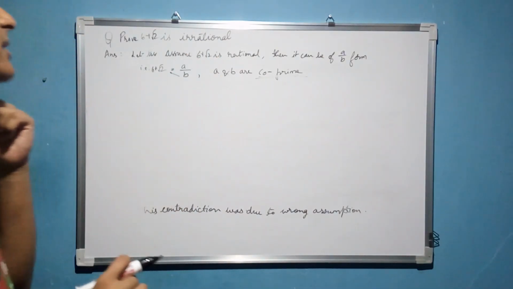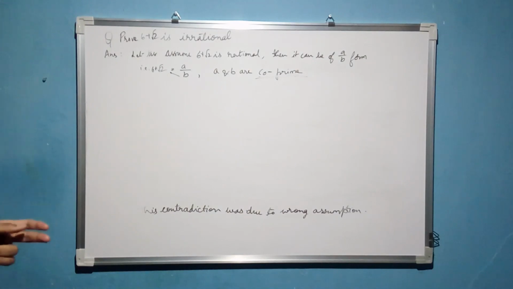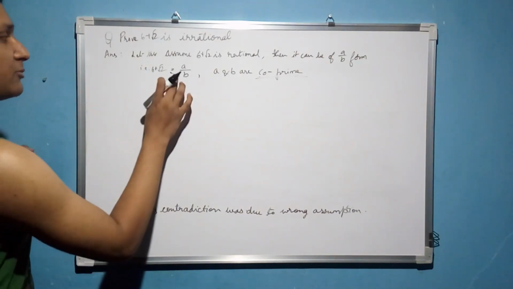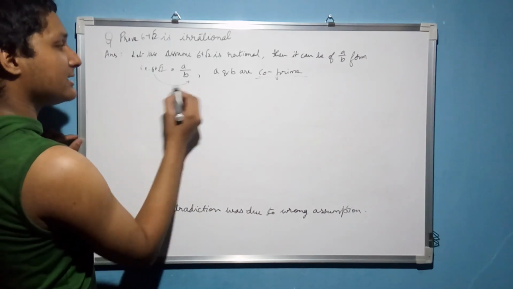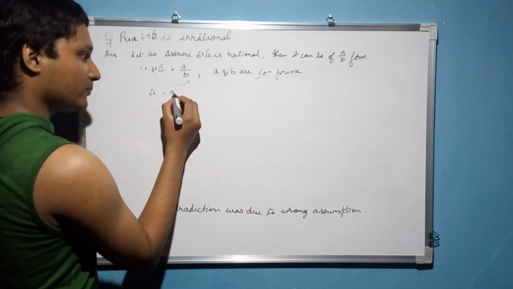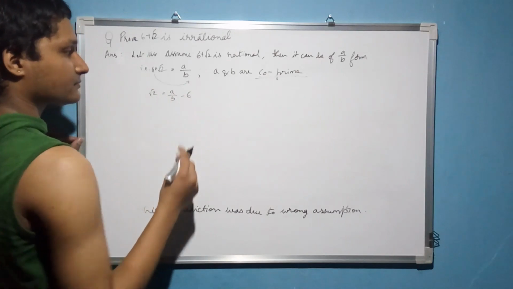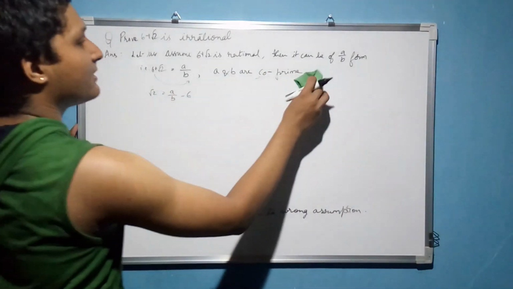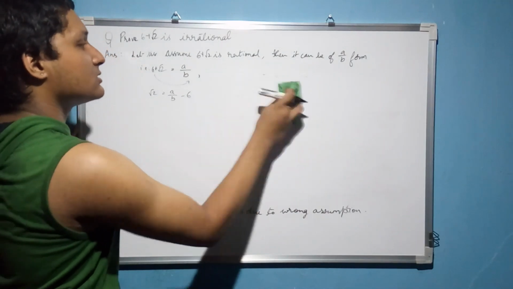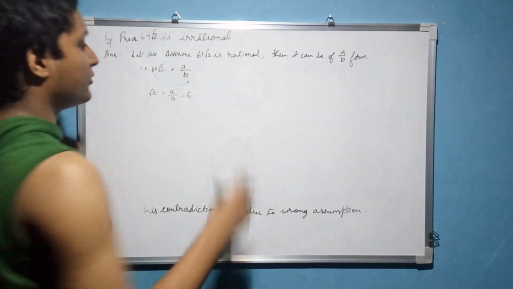Then it can be written in the a by b form. That is, 6 plus root 2 is a by b. Now I'm not going to cross multiply in this case. I'm going to take 6 to the right hand side. Root 2 is equal to a by b minus 6. Here co-prime has no importance, so if I don't write it, it's fine.